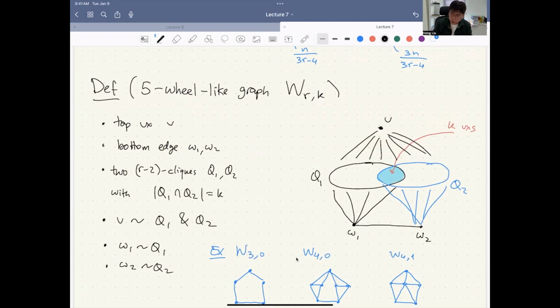Here we require these two are distinct cliques. So this clique has r minus 2 vertices. That means their intersection must be strictly less than r minus 2. Otherwise, Q1, Q2 are the same clique. So we define W_{r,k} for any k up to r minus 3. But k could be 0. So k between 0 and r minus 3.